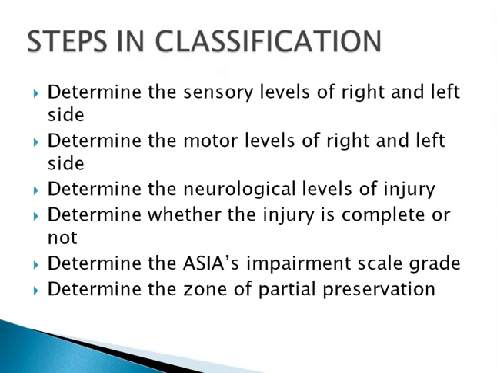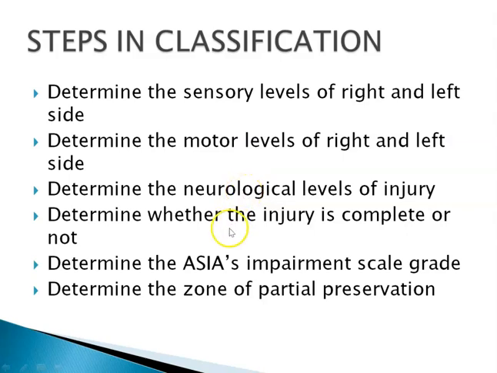Before going into the ZPP, that is the zone of partial preservation, let us see the steps in classification. That is nothing but: determine the sensory levels of the right and left side, as I told you now, and determine the motor levels of the right and left side. Next, determine the neurological level of injury.